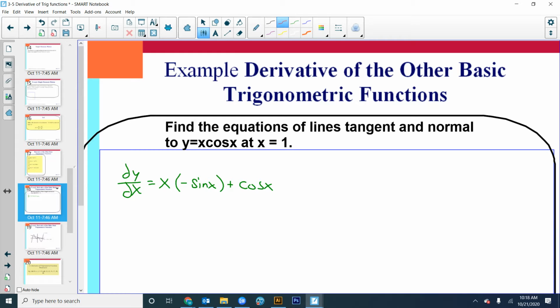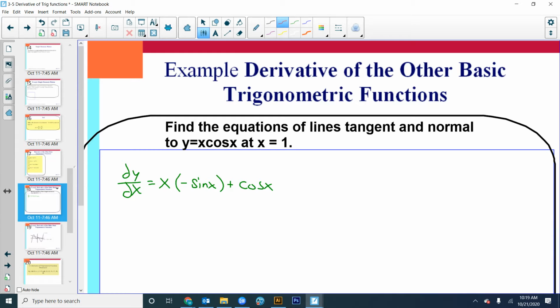Exactly. Thank you for being honest. Anybody else? What's common is to do negative sine of x and then take the derivative of x and just say, oh yeah, it's just 1. Right? Now, if there were addition between those two, you would have 1 minus sine of x, wouldn't you?